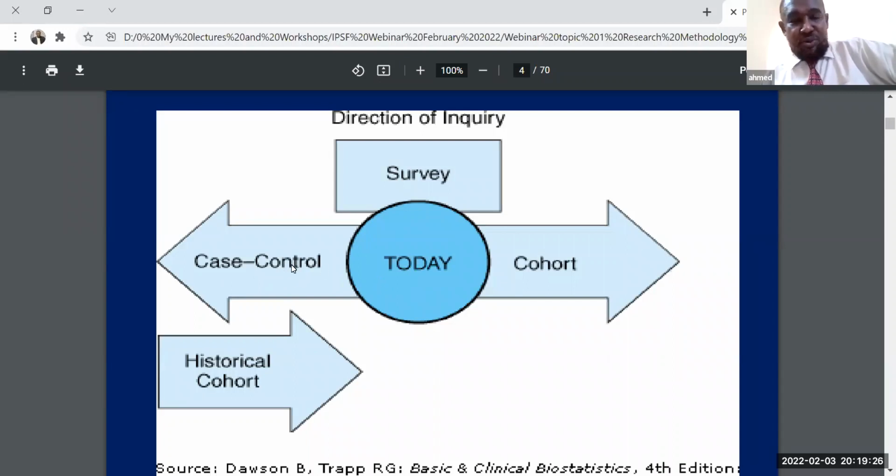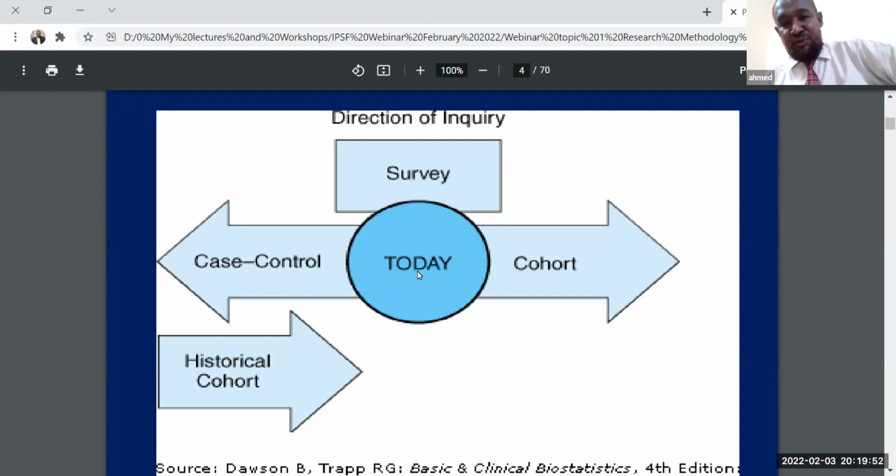Here, for case control, you start with cases and then go back in the past to see the factors of exposure, which may represent a factor for having the disease. And in cohort, we go forward from today to the future to see the outcomes.